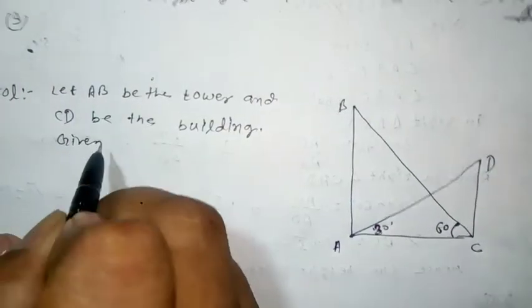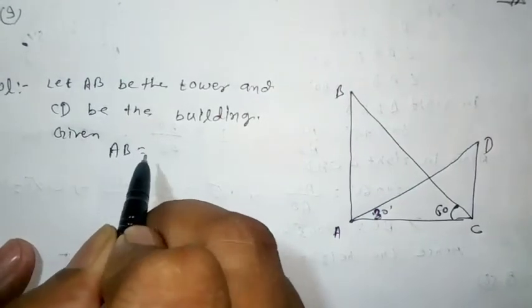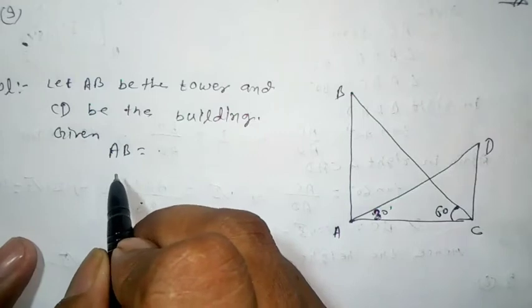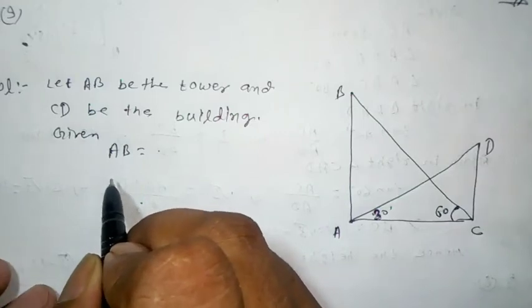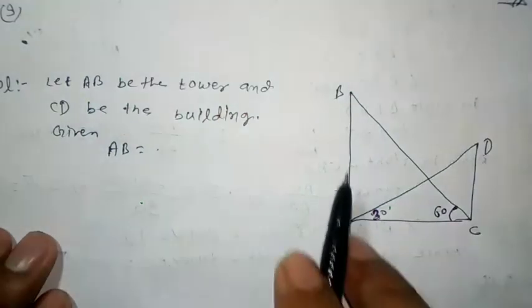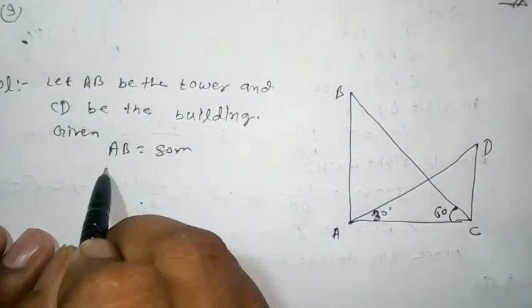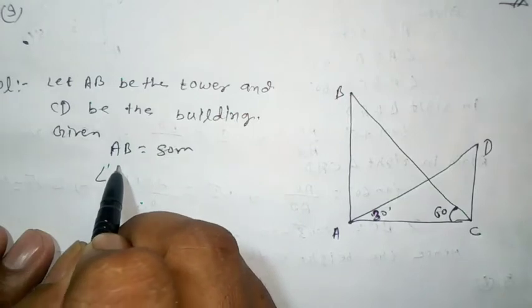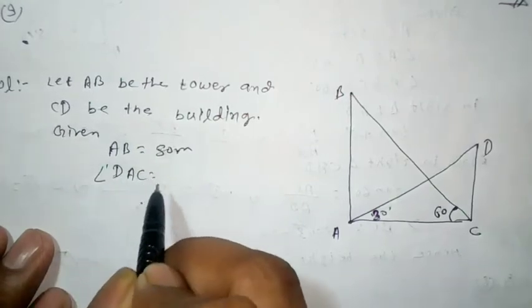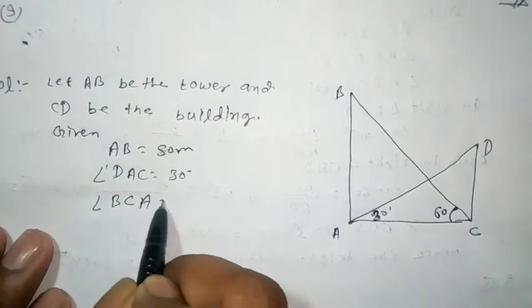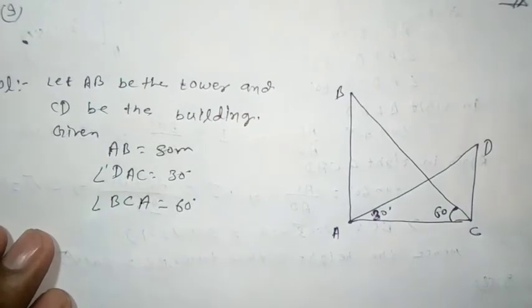Given AB is equal to the height of the tower is equal to 50 meter. Angle DAC is equal to 30 degree. Angle BCA is equal to 60 degree.